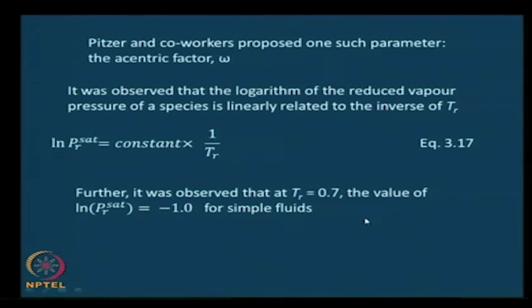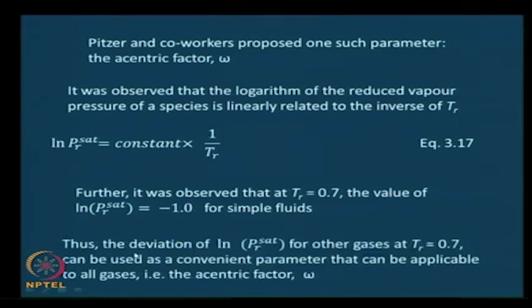So, what this did was, it led to an interpretation that the deviation of the log of P_R^sat for other gases at a reduced temperature of 0.7 is a single measurement that you need to differentiate between these simple fluids that follow the 2-parameter theorem and all other fluids.